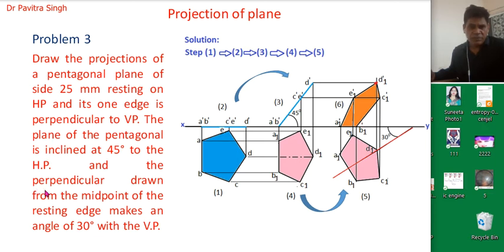The perpendicular drawn from the midpoint of the resting edge, this is the midpoint of this line AB which is resting, makes an angle of 30 degrees.